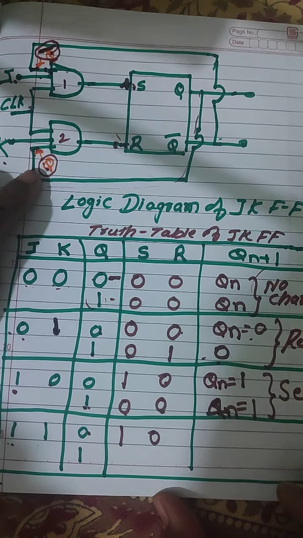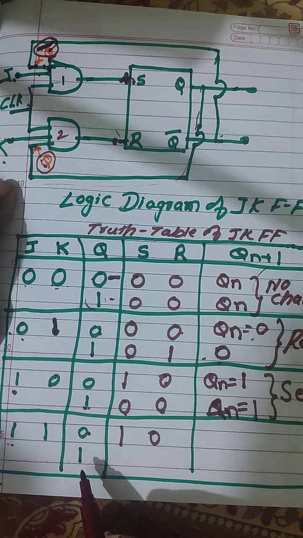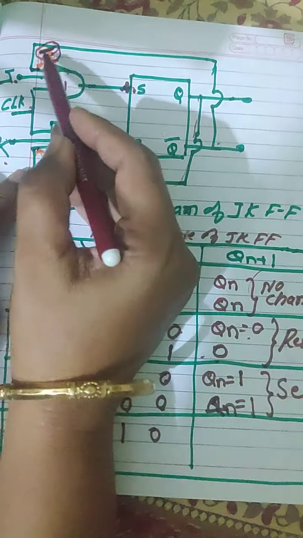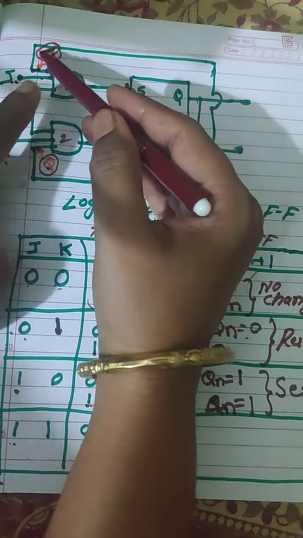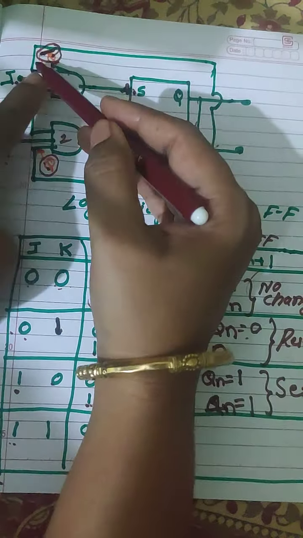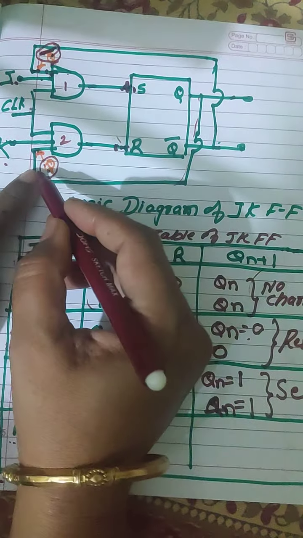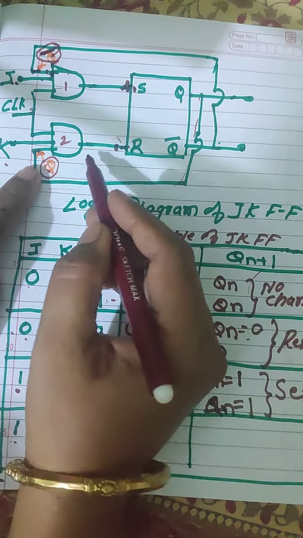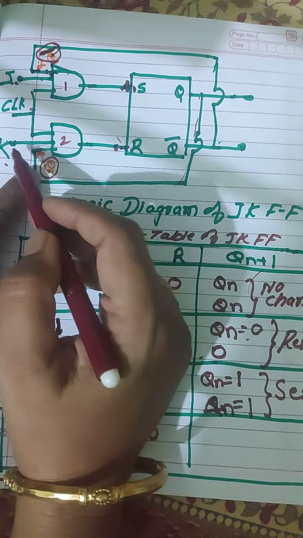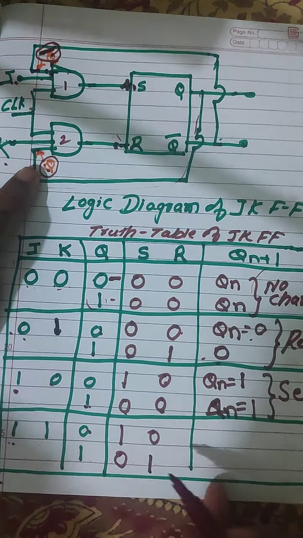The same analysis with Q equal to 1: Q bar is 0, so S will be 0. Q is 1, so whatever K is there, it appears over here at R.